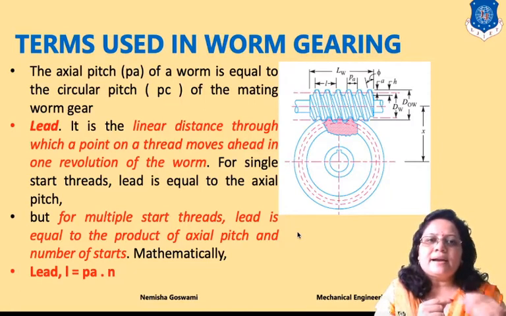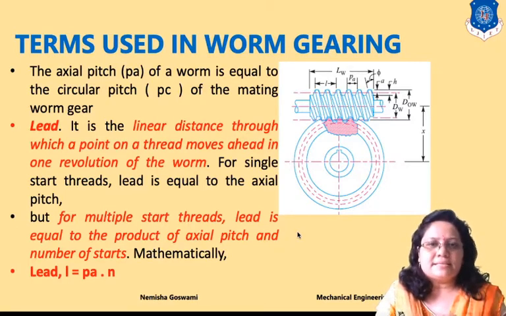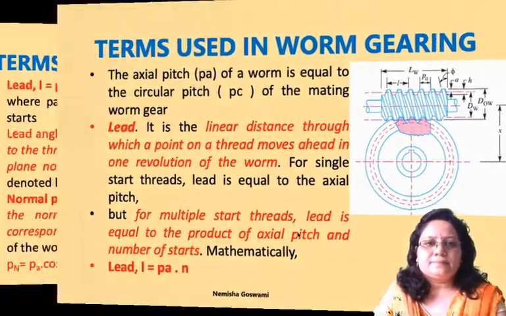But in double start or three start, it may change. For a multiple start thread, lead is equal to the axial pitch times the number of starts. It is denoted by small l, and this is equal to PA into N, where N is the number of starts.